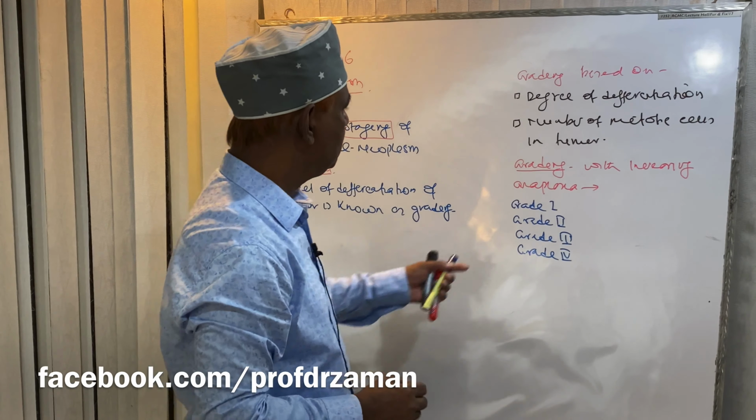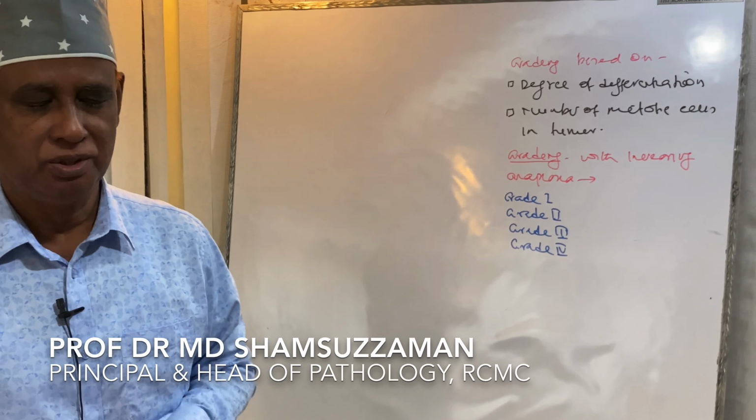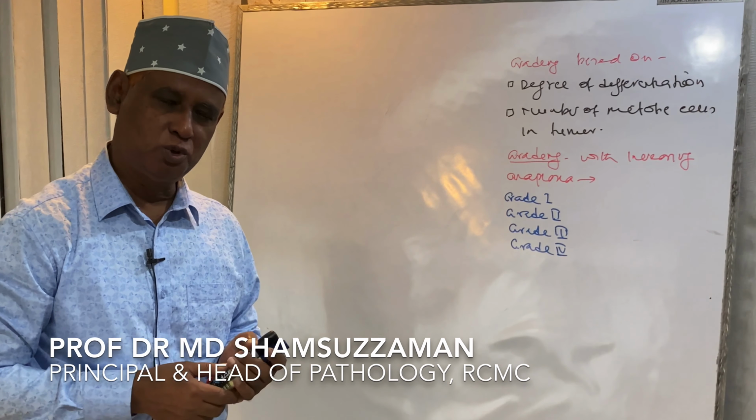So, with increasing anaplasia, grade 1, grade 2, grade 3 and grade 4. As it is based on degree of differentiation and number of mitotic cells in the tumor, grading is done by histopathologist.